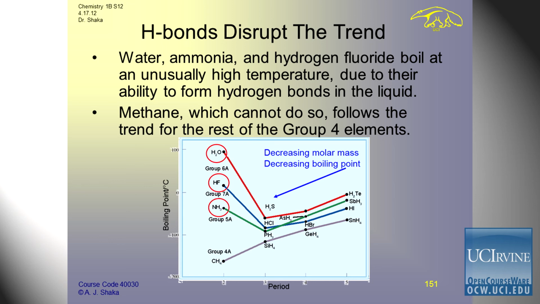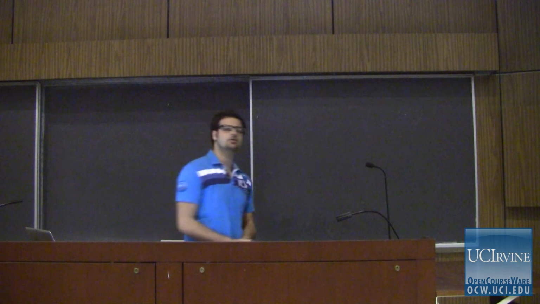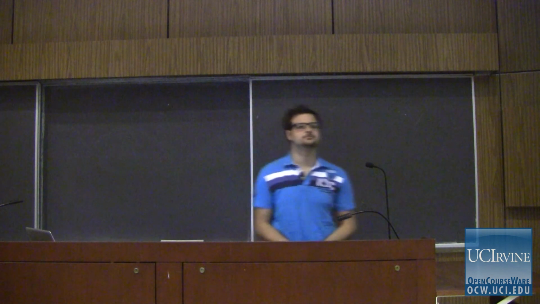And this is something I guess you guys already know as well, but decreasing the molar mass also leads to a decrease in the boiling point. So this is an important thing you guys should know as well.